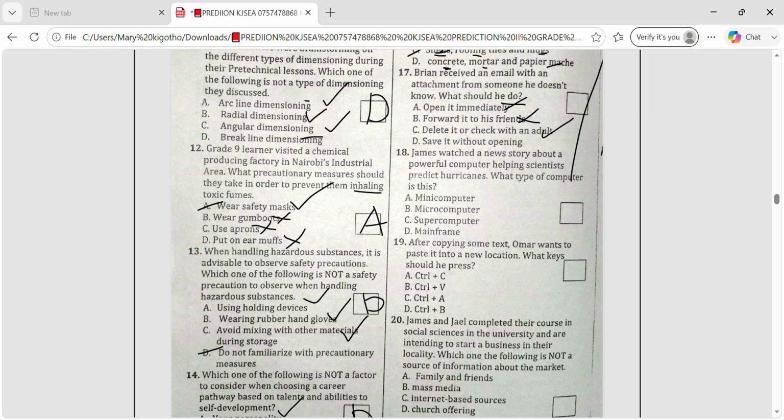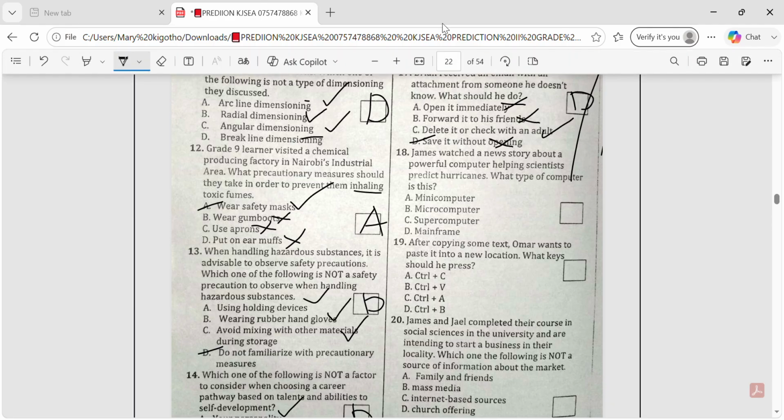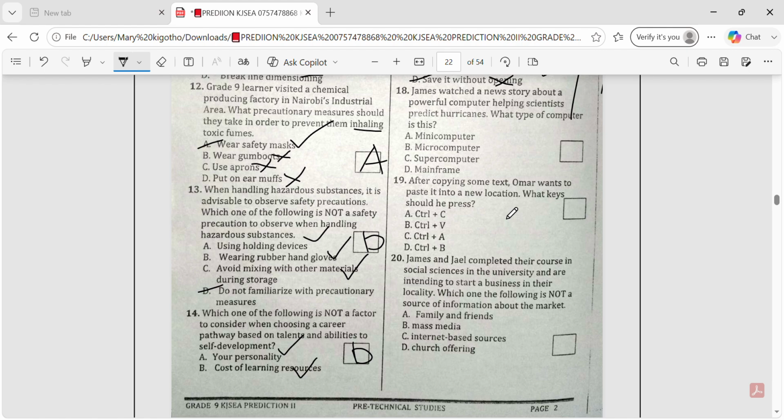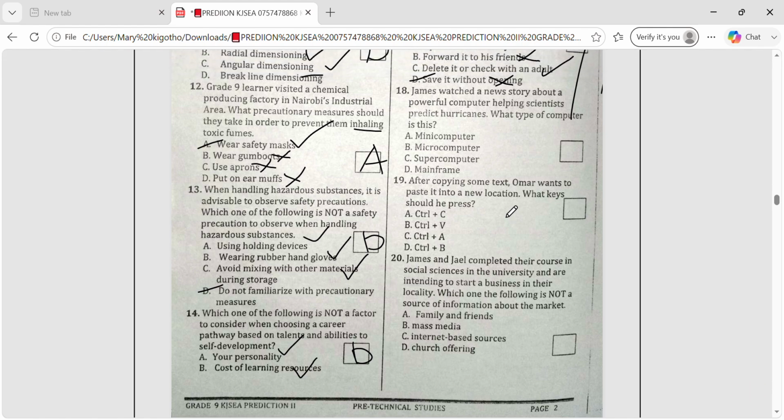Save it without opening. Still keeps a risky file on the device. So that's wrong. So the correct answer is D. We go now to question number 18.